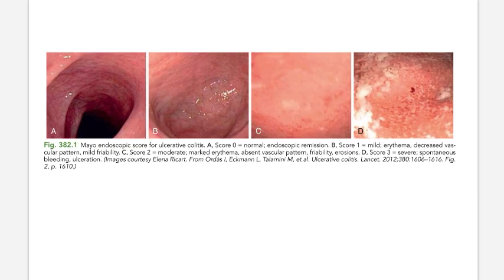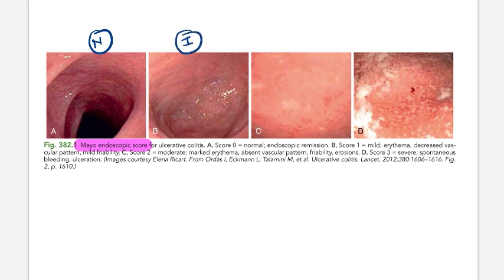Okay, this is the Mayo endoscopic score for ulcerative colitis. Again, for ulcerative colitis, which score is used? This is the Mayo endoscopic score. Score 0 is normal, score 1 is mild erythema, score 2 is moderate, and score 3 is severe with spontaneous ulceration. As we can see, this is normal looking mucosa, this is mild erythema, score 1.